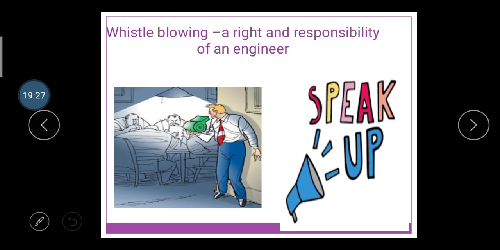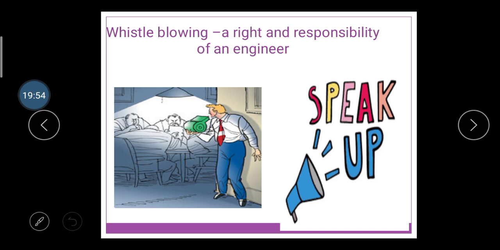And I also urge you, I also try to tell you, that whenever you work as a computer engineer or a civil engineer in any organization, and if any type of unethical practice happens in your organization or in whatever field you are working, at that time you have to try to speak up against the unethical practices.